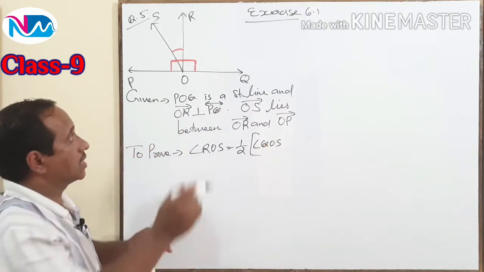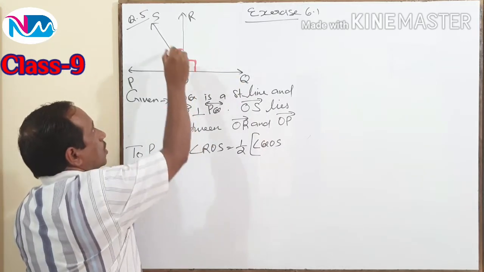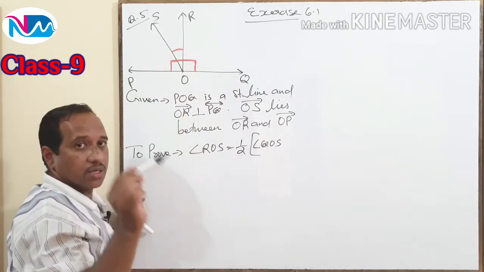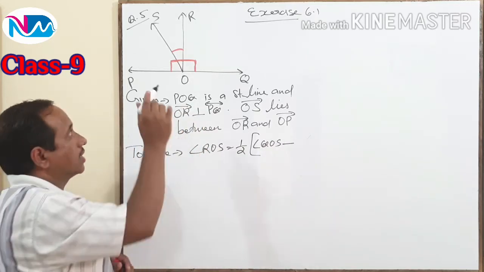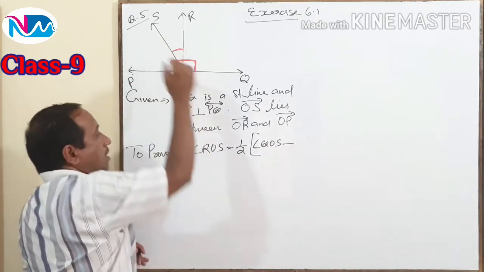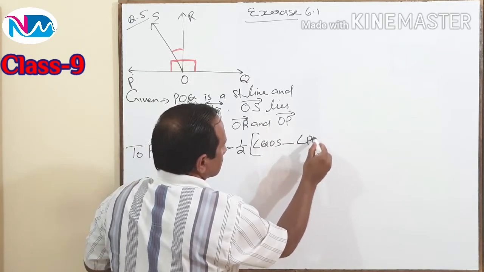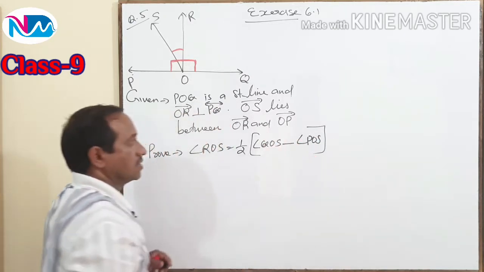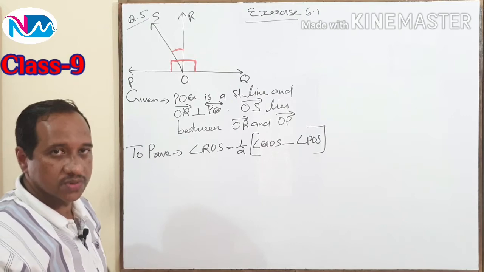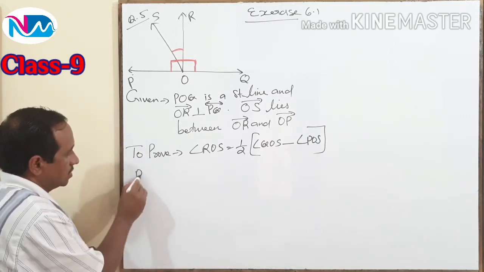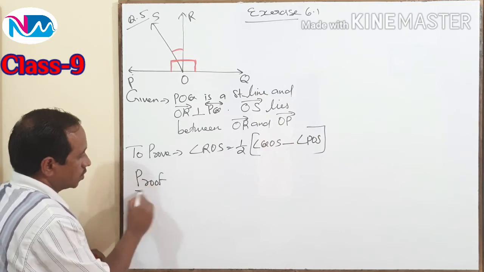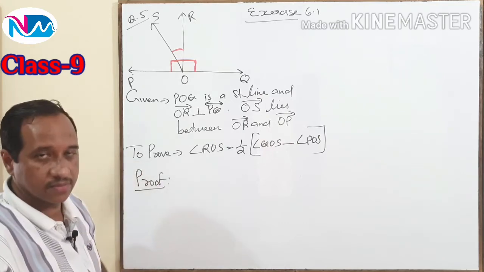You can identify the angle QOS and angle POS. This is what we have to prove. Here we don't want any extra construction. We can go to the proof directly.